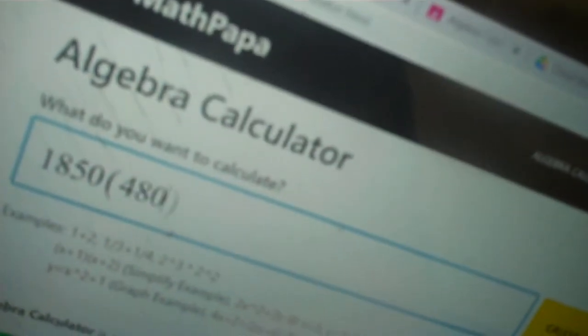Because if I have to solve the equation now, I'm just focused on the top. So I go in here. The top of the first fraction plus the top of the second fraction equals the top of the fraction over here. Okay, so I take 1,850 times 480 minus x.